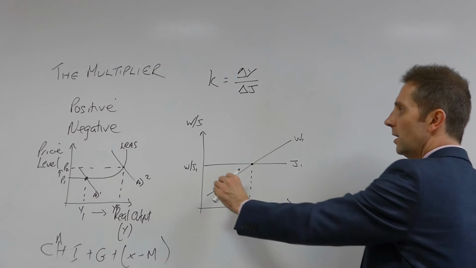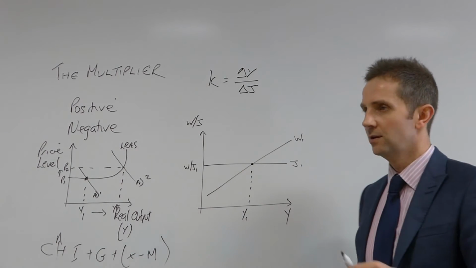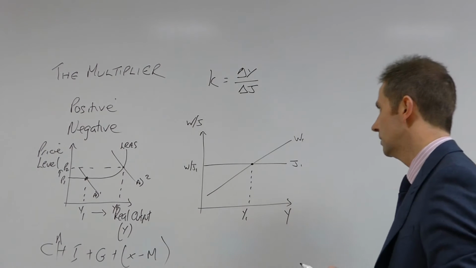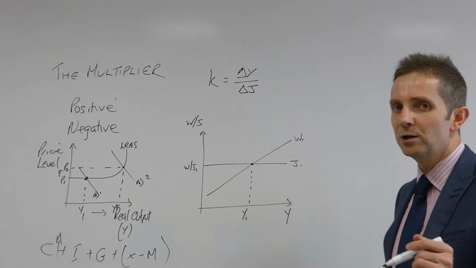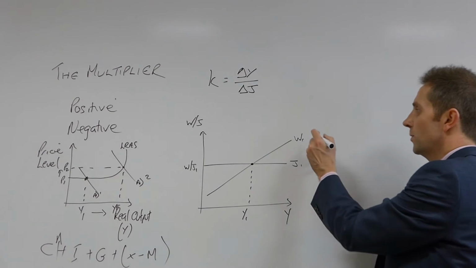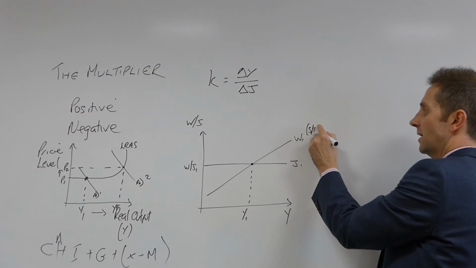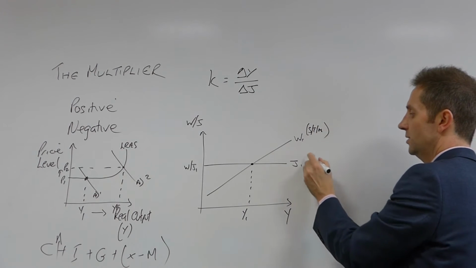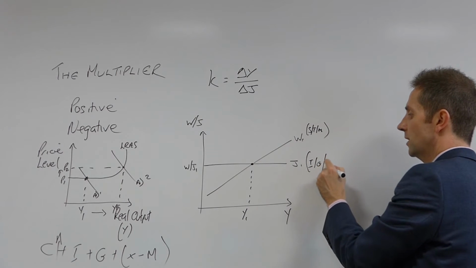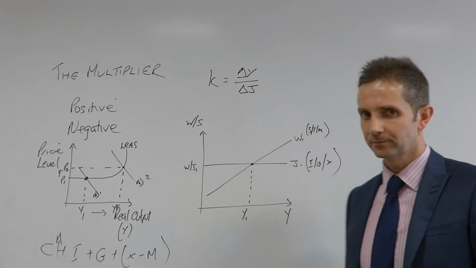And I've drawn here a little withdrawals injections equilibrium diagram. Those of you who are familiar with withdrawals and injections will know that the withdrawals are savings, taxation, imports, and the injections are I, G, and X.